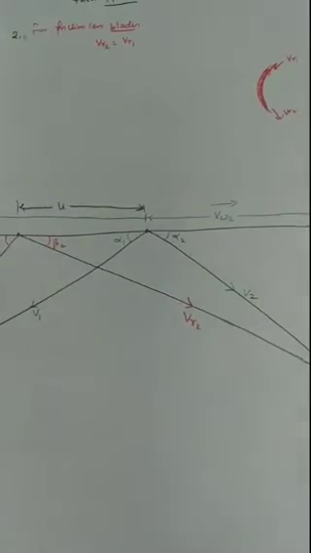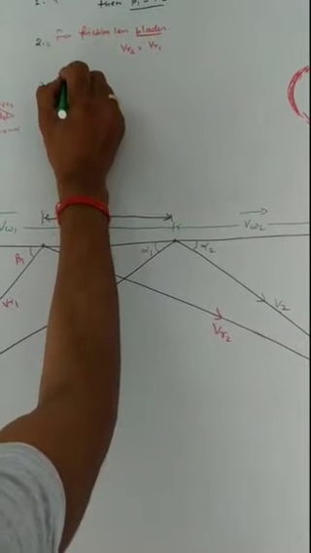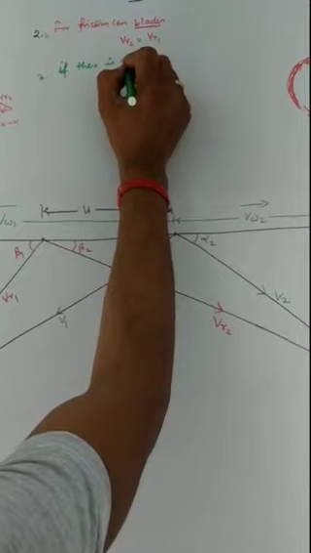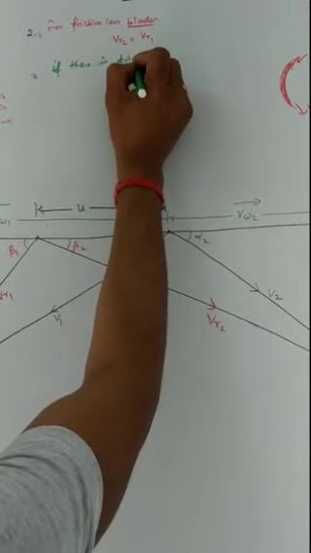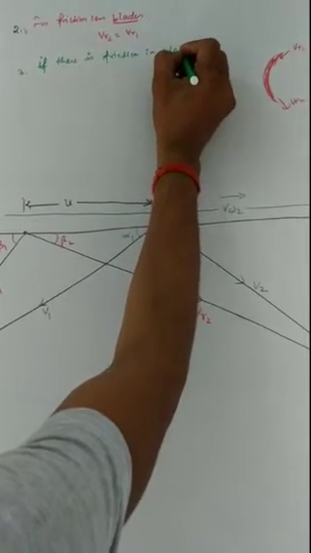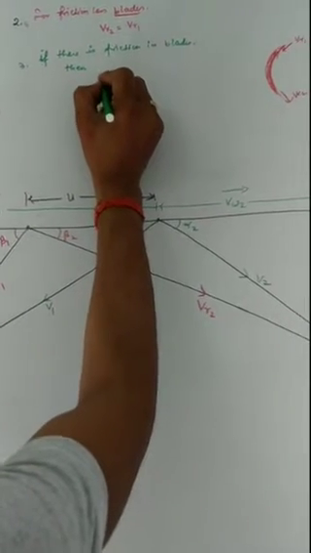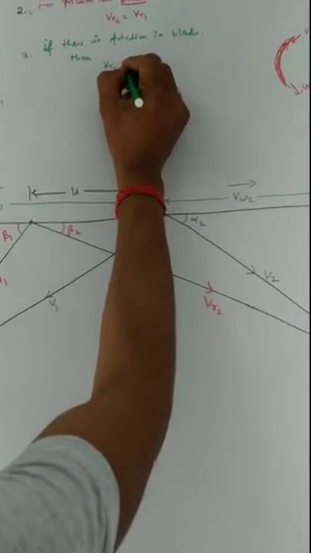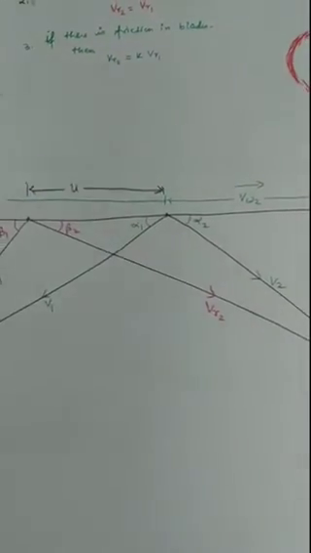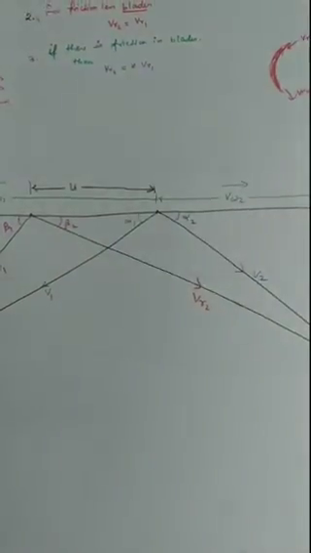Okay. Third point is this: if there is friction in the blades, then VR2 exit velocity is equal to K times VR1 inlet relative velocity. Exit velocity decreases as the friction is present in the blades.